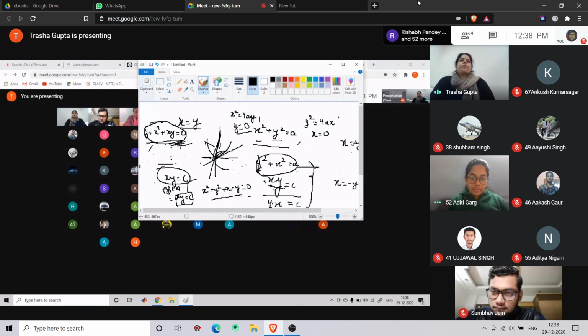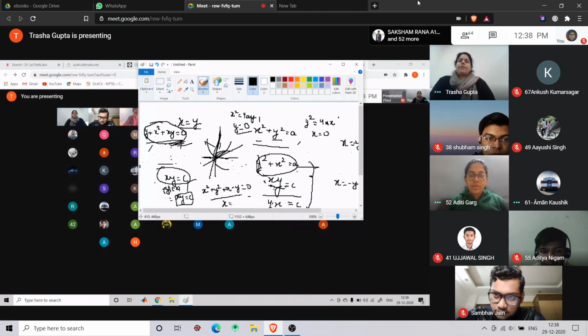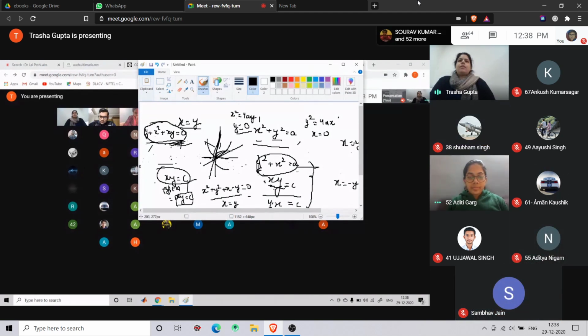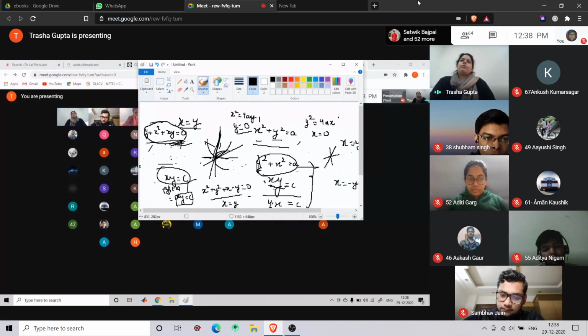Sorry, what is the equation of the tangent to the curve at origin? x minus y equals to 0. Or I can say x is equal to y, right? So when I have, this is my Cartesian plane, and I know that this line is the tangent to the curve passing through origin.